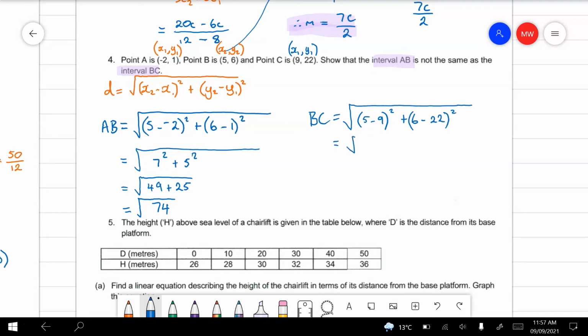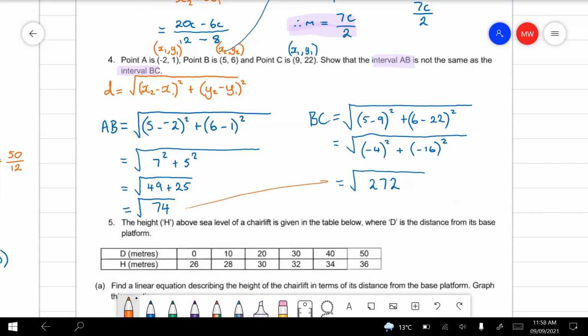So that's going to end up being the square root of minus 4 squared. Don't forget your brackets. You don't want your calculator making a mess of negative numbers on you. What's this one going to be? Minus 16 all squared. And I might use our calculator at this point, and that's going to give me the square root of 272. Now, have a look. These two numbers, even if I put them in my calculator, are definitely not going to be the same.